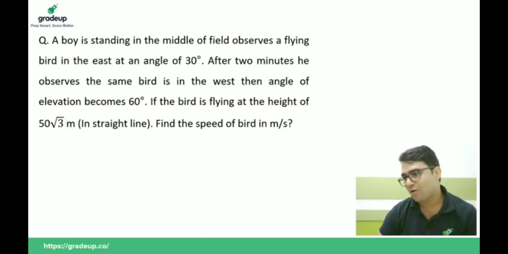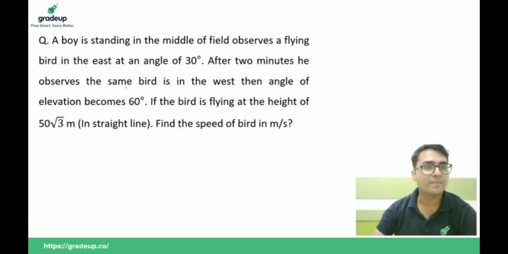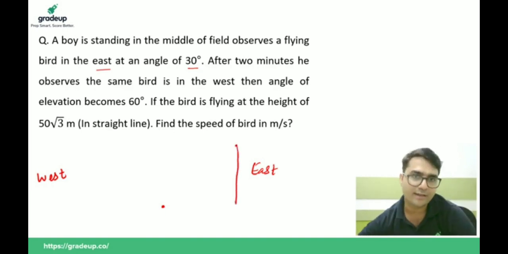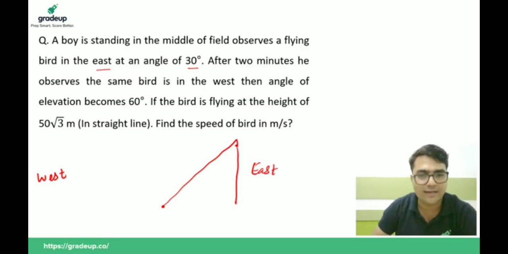Now, okay, I will do this question right now. Please listen carefully. A boy is standing in the middle of a field, observes a flying bird in the east at an angle of 30 degree. So this is east. Now, here we have this boy standing. This boy observes a bird in the east at an angle of 30 degree.